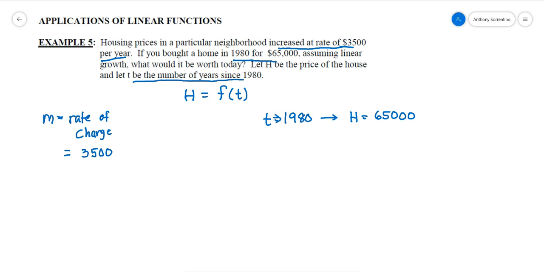So if we're in 1980, the number of years past 1980 means that T equals 0. So when T equals 0, H equals 65,000.